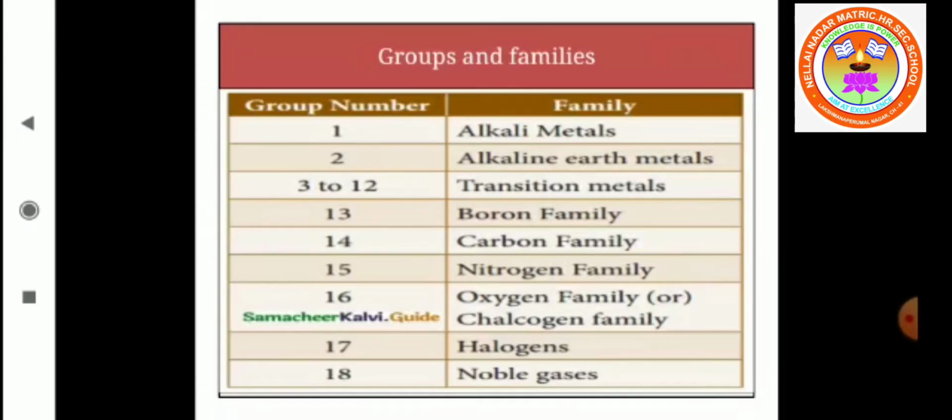From third to 12th groups, collectively they are called transition metals. 13th group elements are boron family, 14th group carbon family, 15th group nitrogen family, 16th group oxygen family or chalcogen family, 17th group halogens and 18th group noble gases. Okay children? Today itself you memorize this tabular column. It will be easy for you.